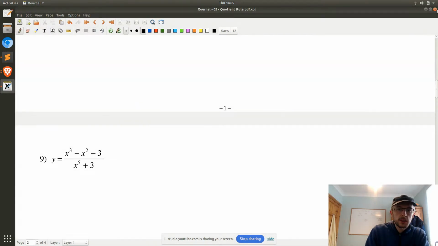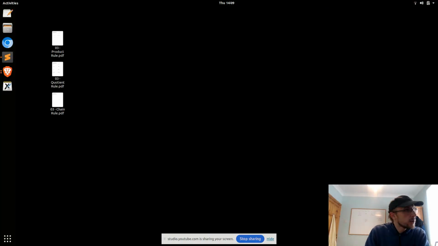So I will return. I put a bookmark in my book to come back tonight, except it has so many links on it. And then I go to the chain rule.